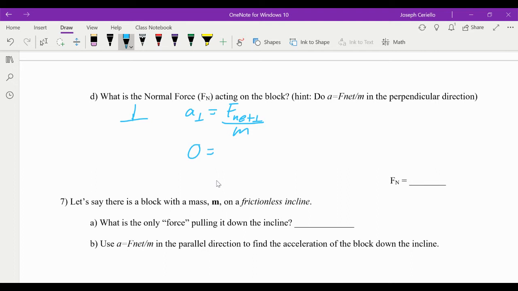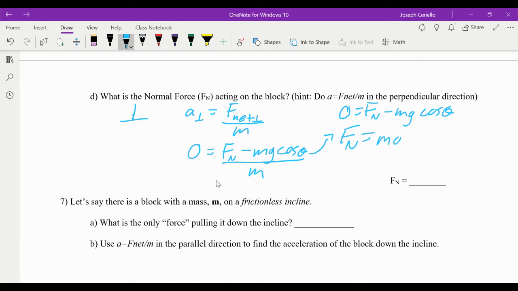F net perpendicular are the two forces in the perpendicular direction, which are normal force, and negative mg, because you got to make one of them negative, cosine theta, all over the mass. Multiply both sides by mass. Therefore, you get 0 equals normal force minus mg cosine theta. Where'd the mass go? Again, you multiply both sides by mass. 0 times mass is 0. So I get that the normal force is equal to mg cosine theta.